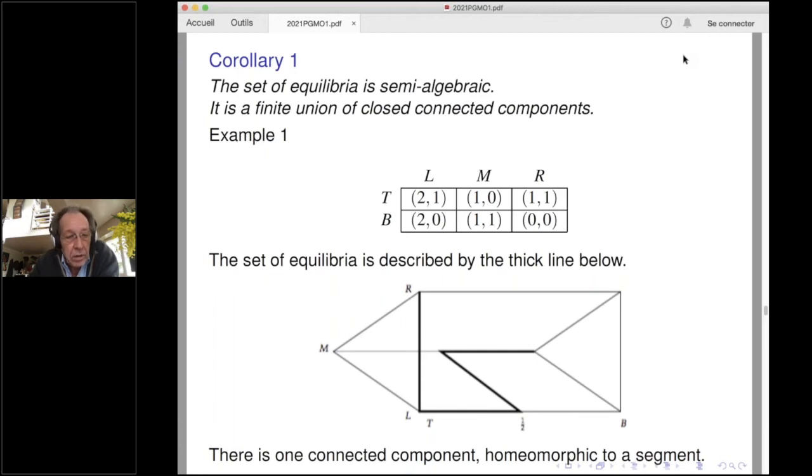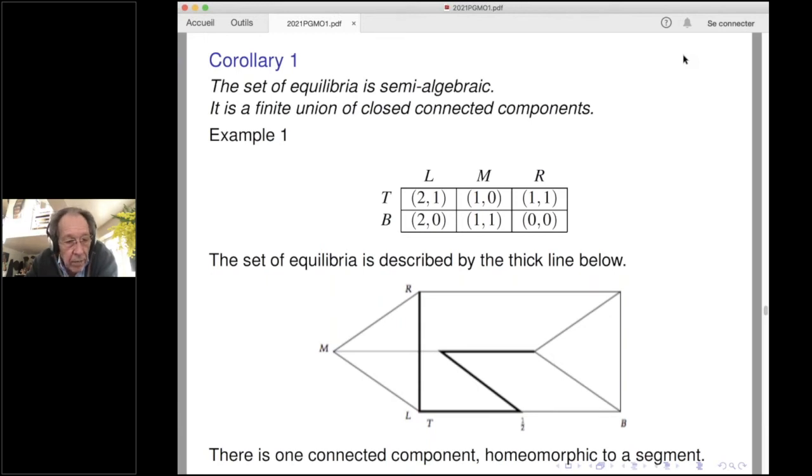One example is 2 players. Player 1 has 2 strategies, top, bottom. Player 2 has 3 strategies, left, middle, right. The first component is the payoff of player 1, the second is the payoff of player 2. And the set of equilibria in this game is defined as well. The bottom line, top, bottom, corresponds to the set of mixed strategies of player 1. It's a simplex in dimension 1. Okay, you have 2 strategies.